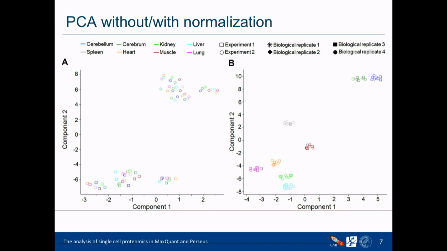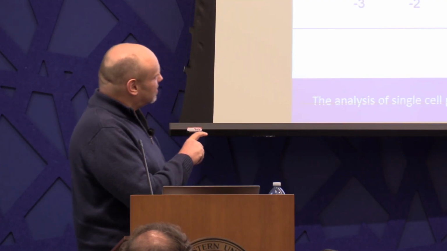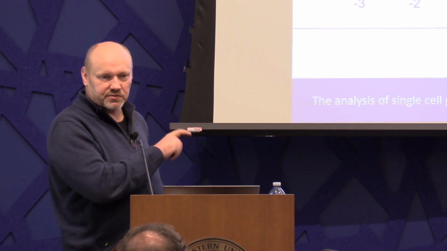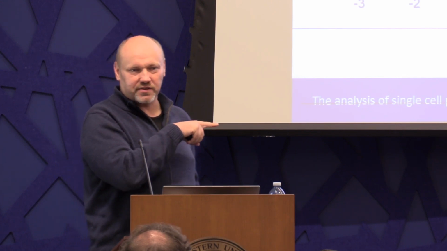And you have to keep in mind this is only by applying PSM level normalization. So the normalization algorithm doesn't know what the effect is that we're interested in, right? We didn't specify that these organs should go together or something like this, which most of the protein level methods require.